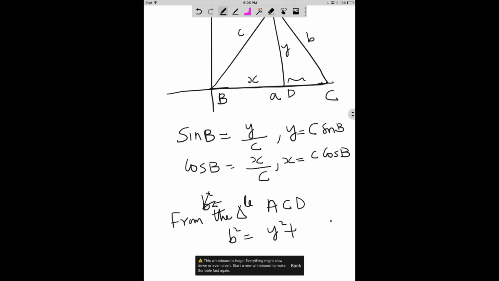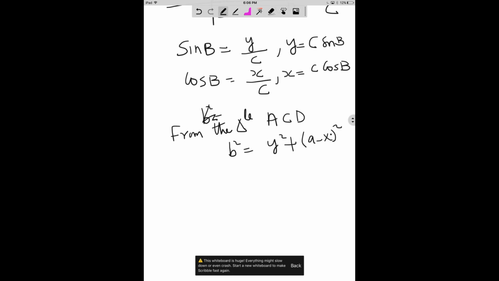Hypotenuse is b, so b square. Then height square is y square, plus base, the total distance, is a minus x the whole square. When you expand this, you get b square is equal to y square plus a square plus x square minus 2ax.